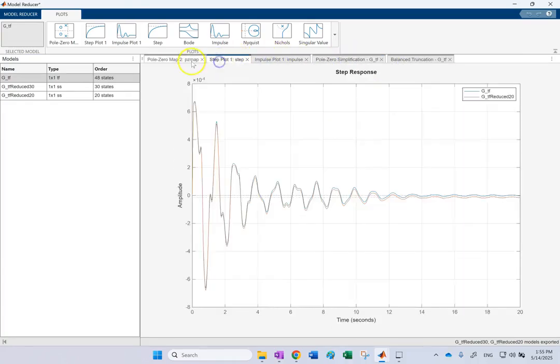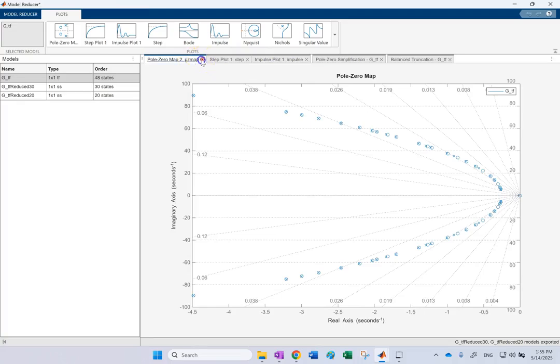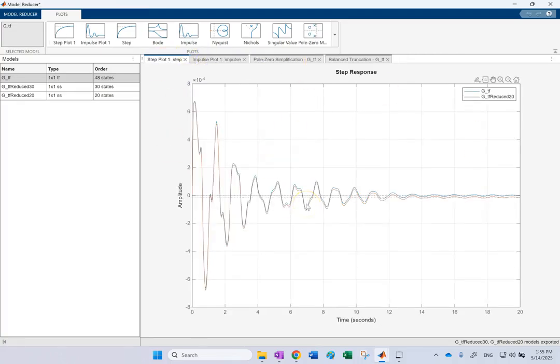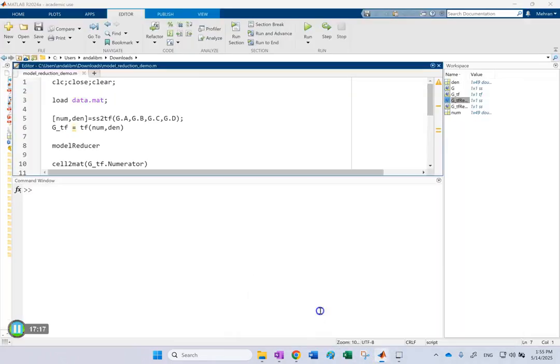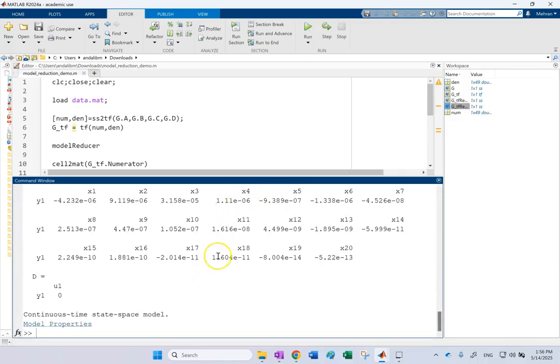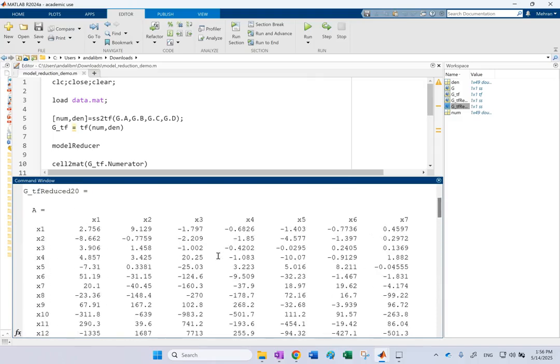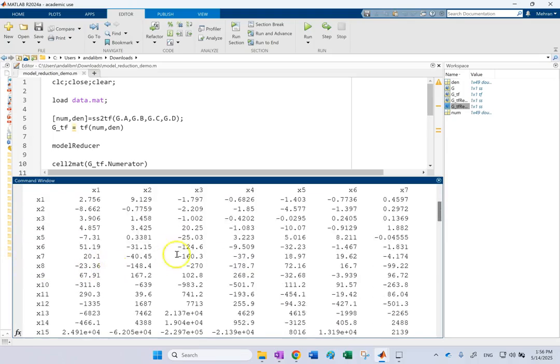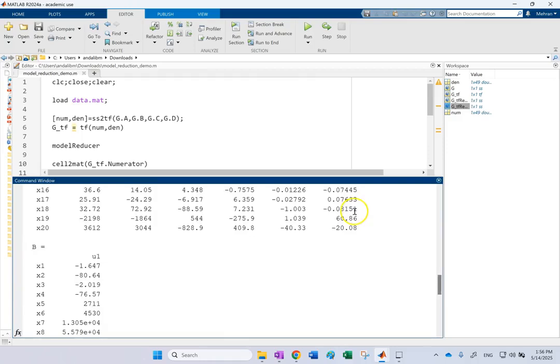So this is your model reducer app, which is very, very powerful. And you can see that if I go to this GT, and then reduced 20, this one, you see that my A matrix is basically 20 by 20.